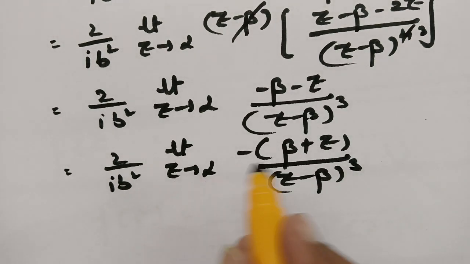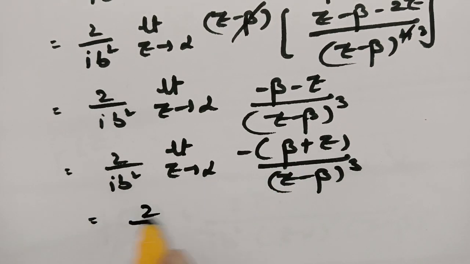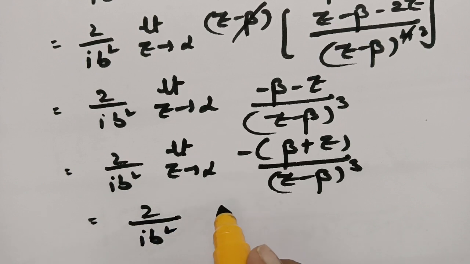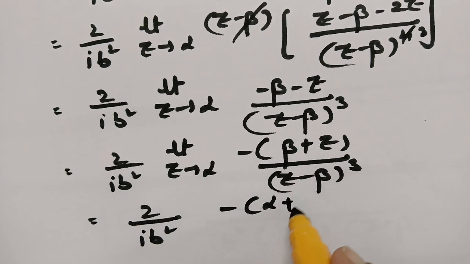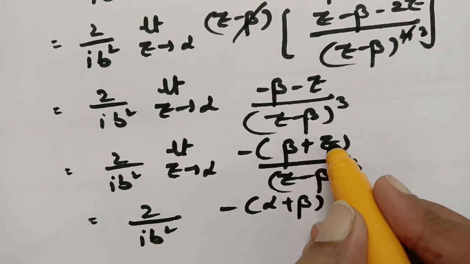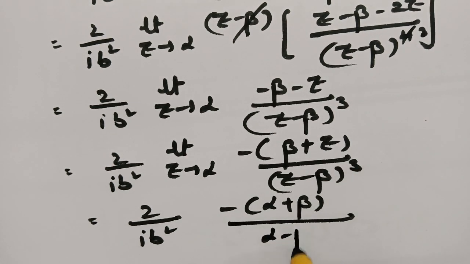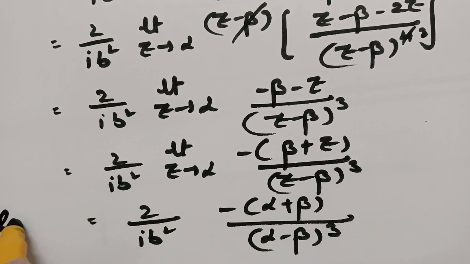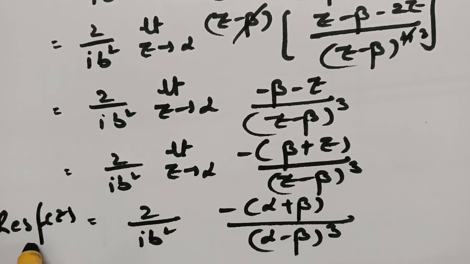If I keep alpha in place of z, this will be 2 by i b square into minus of (alpha plus beta) by (alpha minus beta) whole cube. This value is nothing but the residue of f of z at the interior pole z equal to alpha.